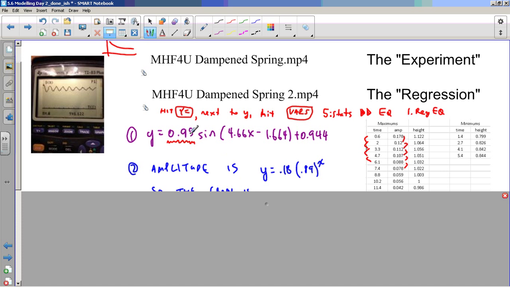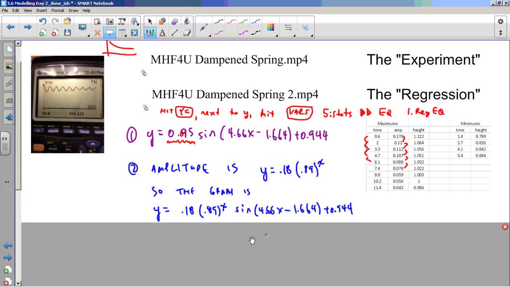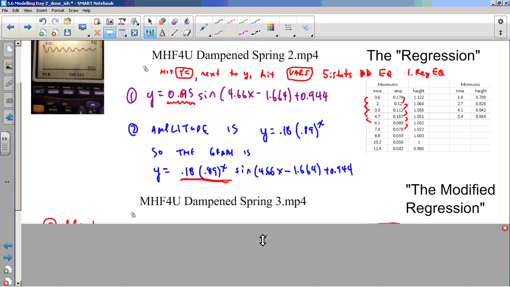And so where I had 0.095 meters before, 9.5 centimeters, which I think is actually from the video, I'm going to have this value now. So that's going to be the graph. There, I've replaced 0.095, 9.5 centimeters, with that function. And that's what I do in the third video. So you should pause this, and go back and watch this video. It's called Dampened Spring 3.